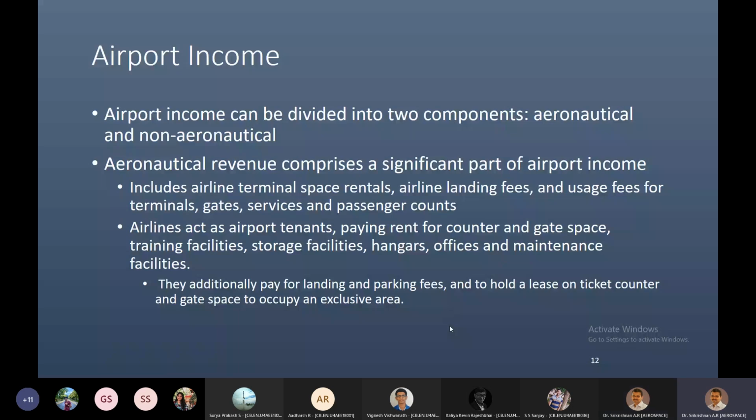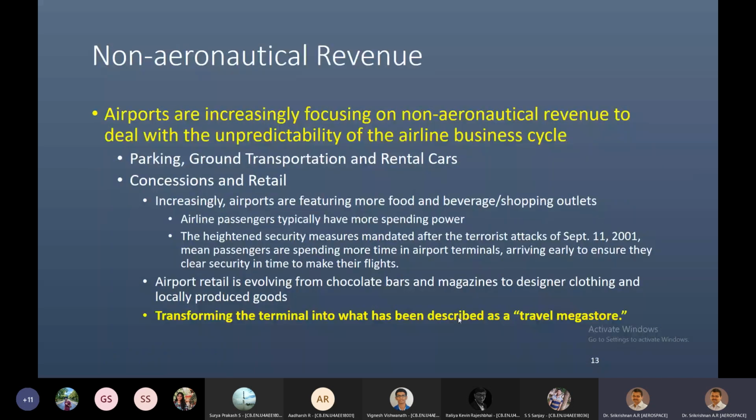Now, as opposed to this, the non-aeronautical revenues are not directly related to the flight operations as such, but are linked to the utilization of the airport premises for other activities. For example, parking of vehicles on the ground transportation side, that is, on the land side operations: parking, ground transportation and rental cars, which are within the premises of the airport.